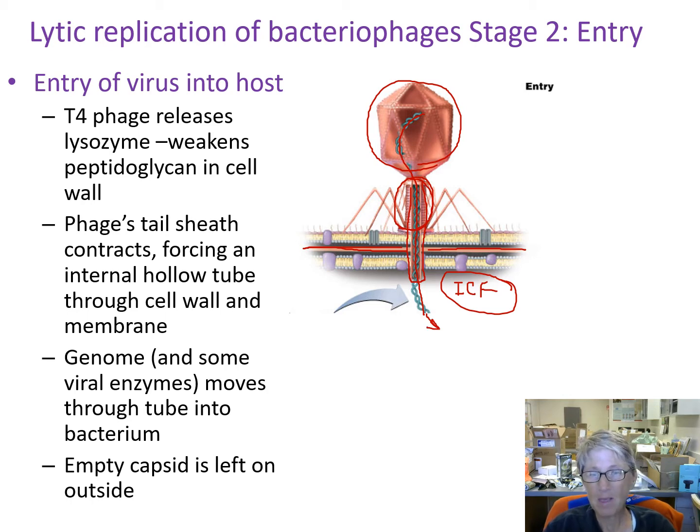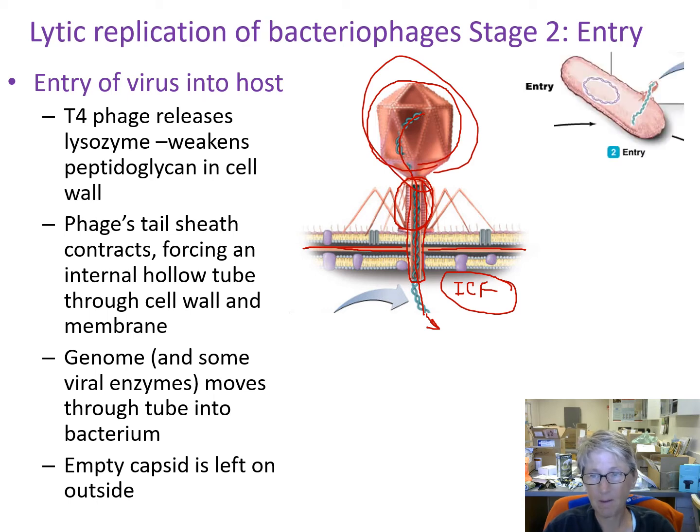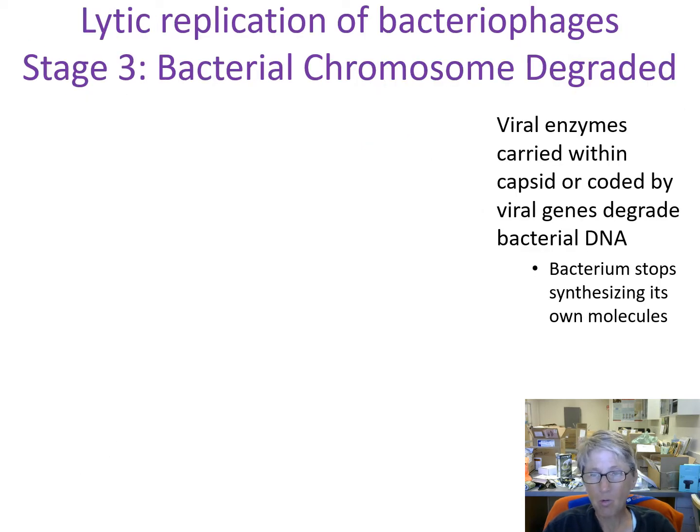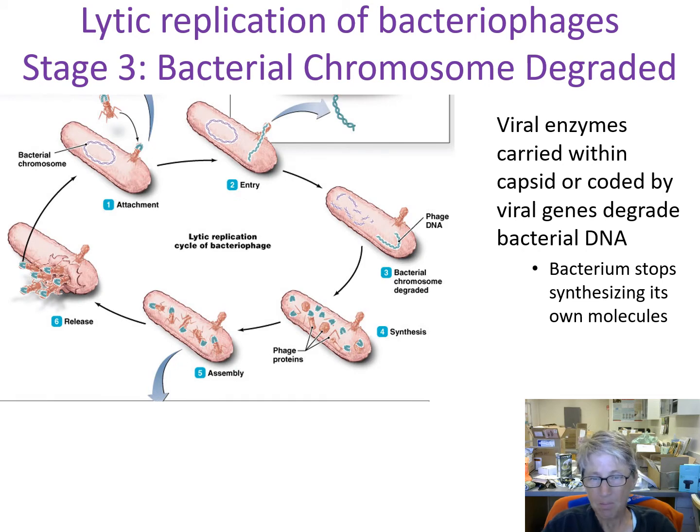And then this empty capsid out here is left on the outside of the bacterial cell. Stage 3, the chromosomes are degraded. So bacterial chromosomes are degraded here. The viral enzymes that came in with the viral nucleic acid degrade the bacterial DNA, aka chromosomes.